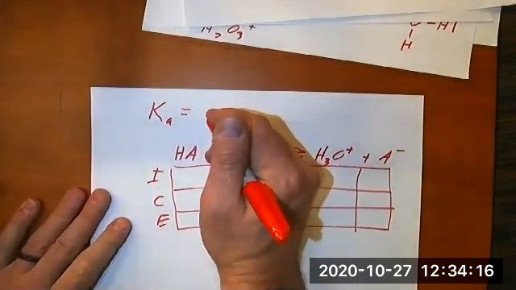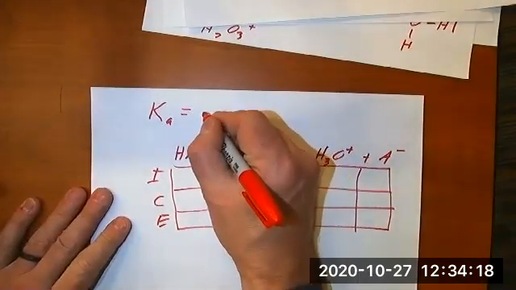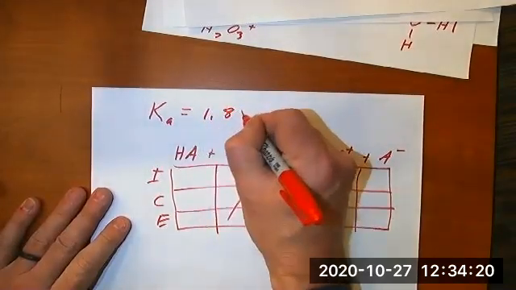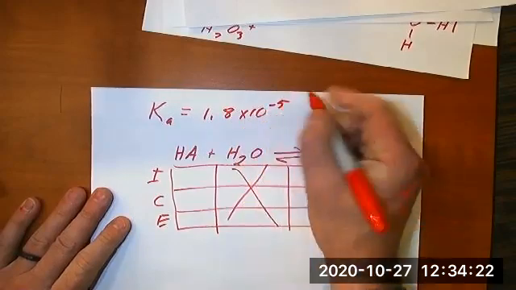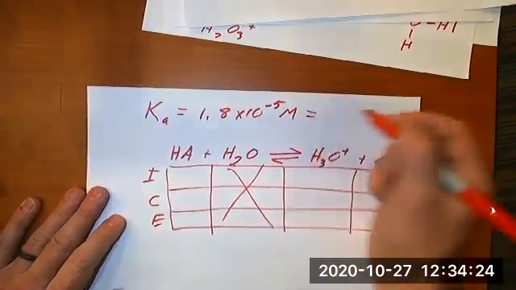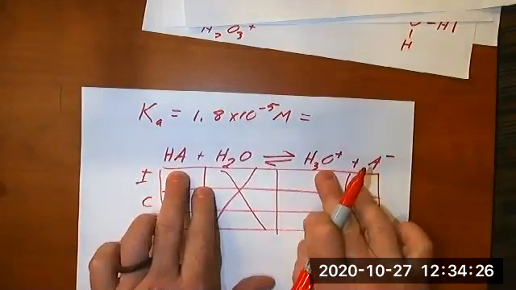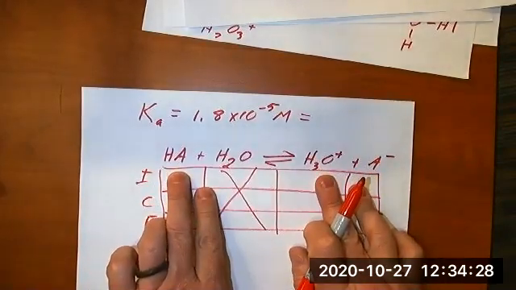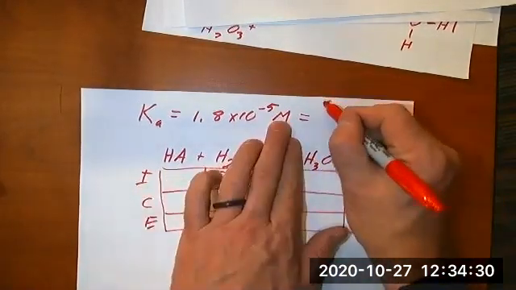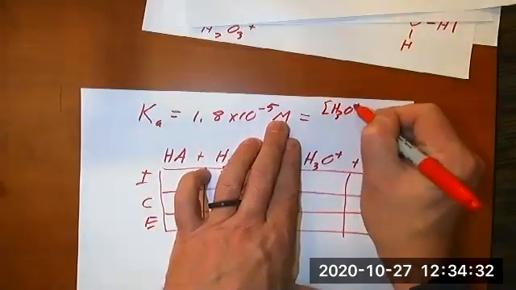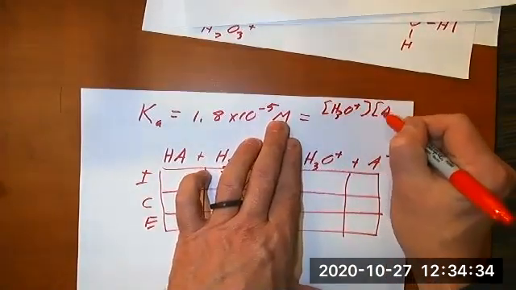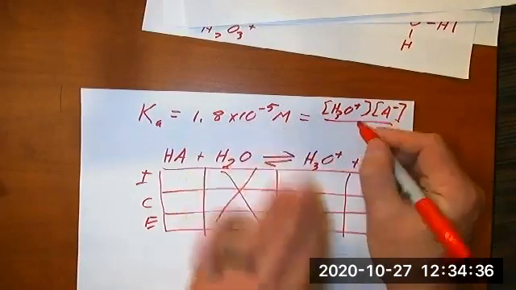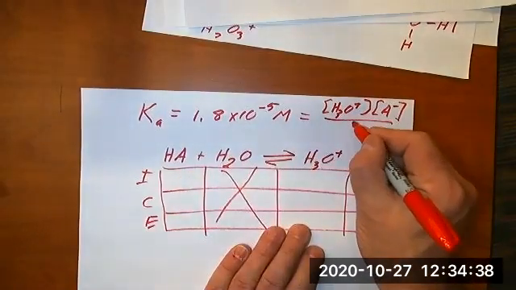This particular acid has a Ka of 1.8 times 10 to the minus 5 molar. And if you look at the structure of the reaction, this is H3O+ times A- over HA.